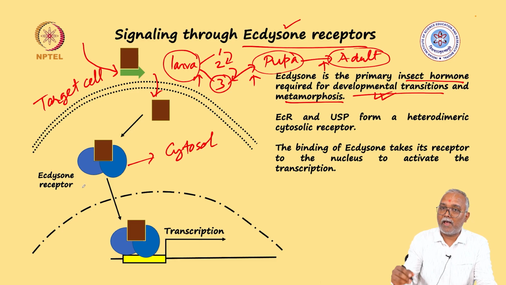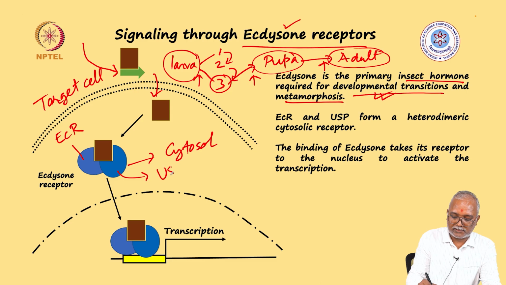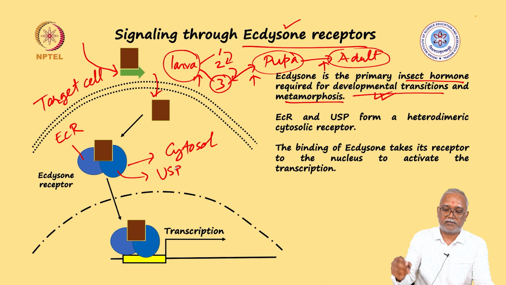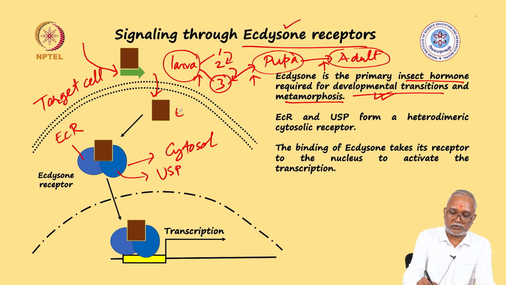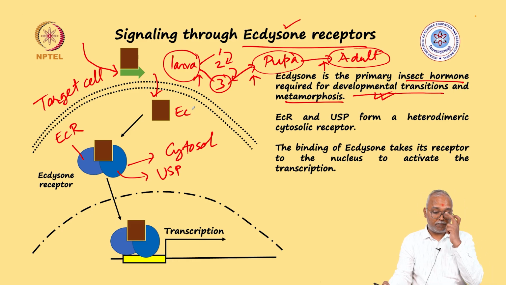And these are also heterodimeric type of receptor. One is called ecdysone receptor, the other one is called ultraspiracle. This heterodimeric combination of the receptor binds to this ligand which is called ecdysone. If I just write EC. Remember that some of these steroid type of hormones or ligands exist in a precursor condition and an active condition.